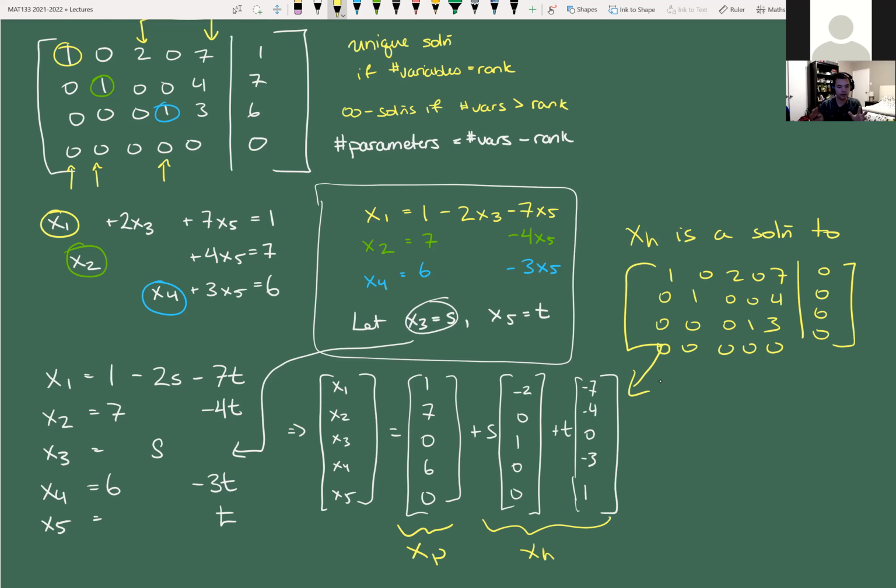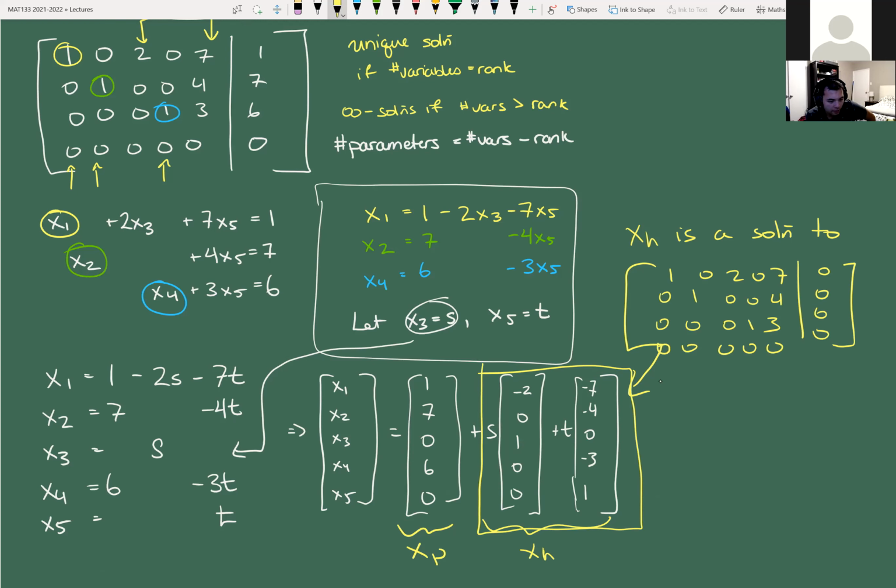Okay, so that's what the x sub H part means, that it's the homogeneous solution: if I actually took out the 1, 7, 6, 0 and instead just made them all zeros, then this part would be the solution to that.